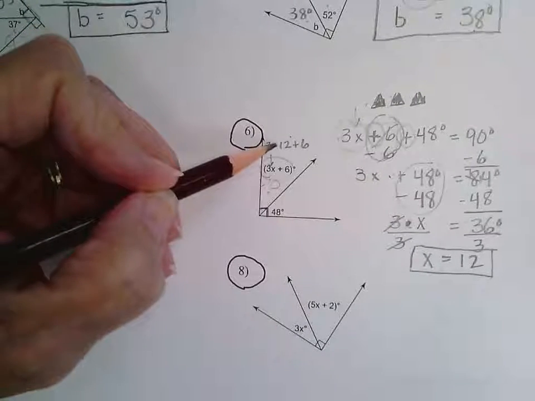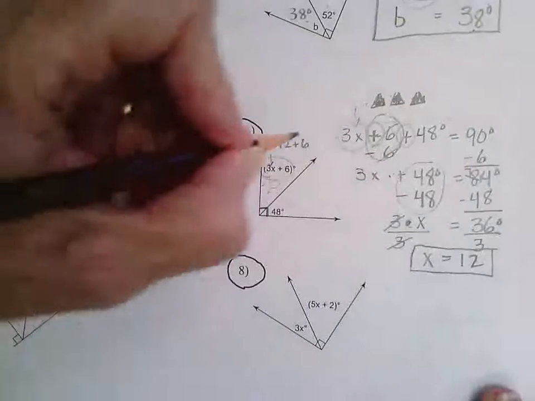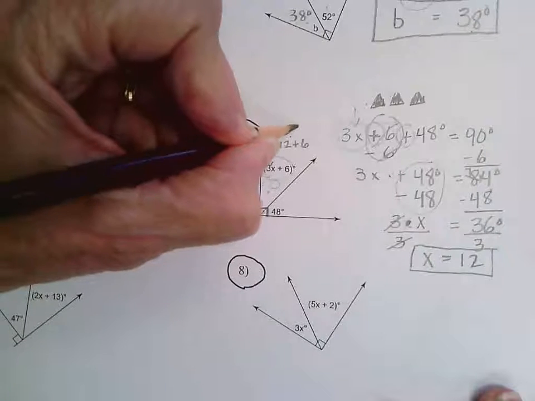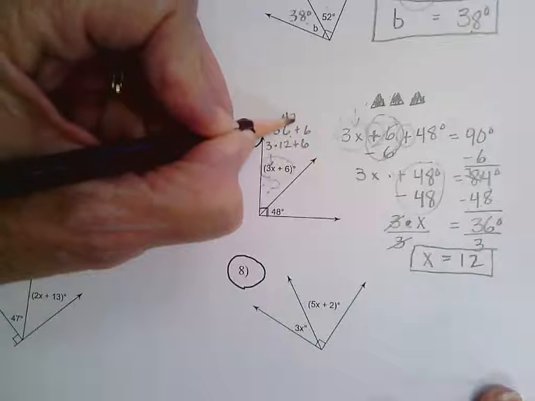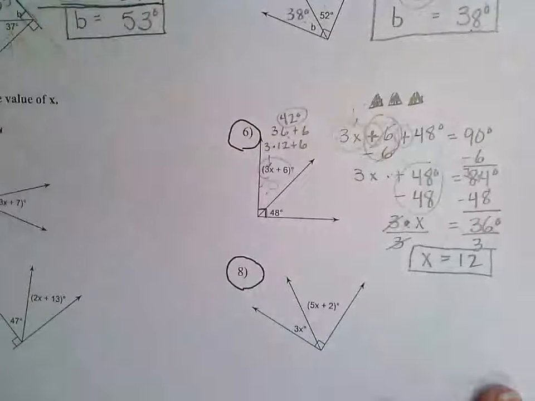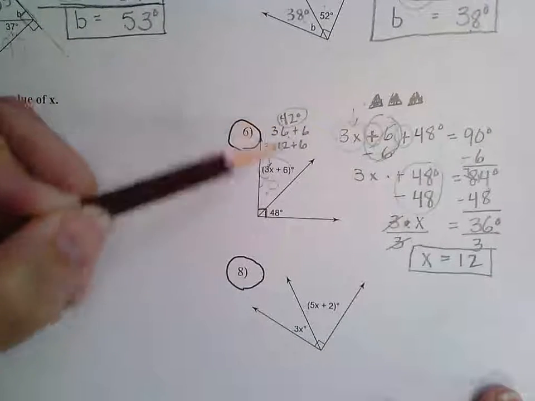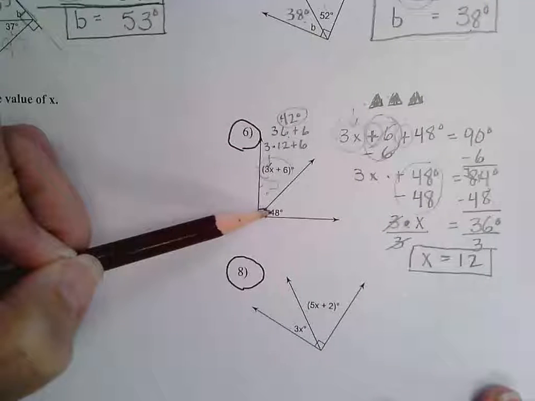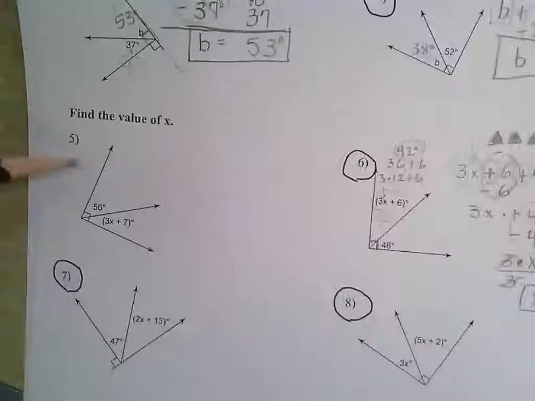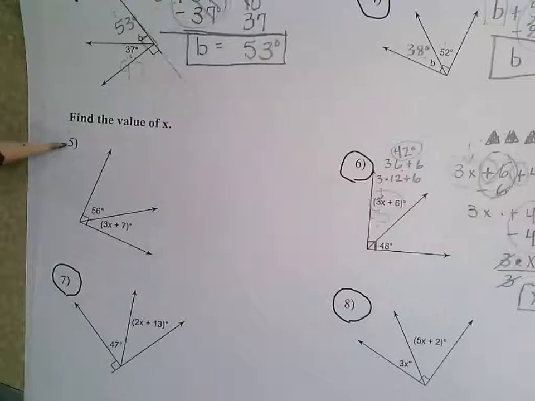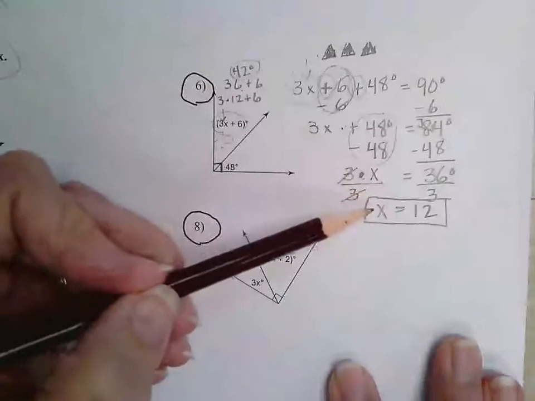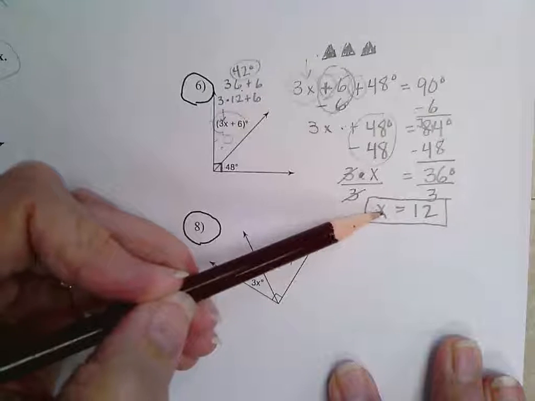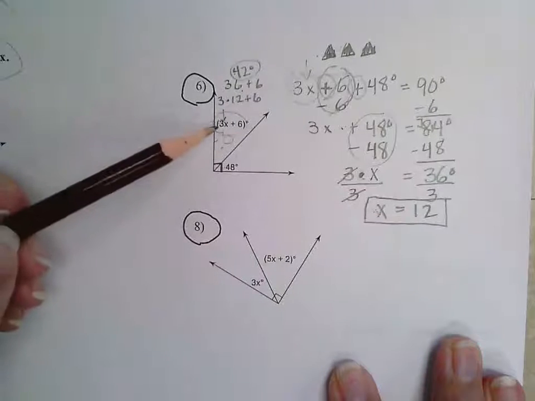So 3 times 12 is 36, and 36 plus 6 then would give me 42 degrees. 42 plus 48 is equal to 90. But on these problems, you're only asked to find the value of x. I just want to point out that you need to understand that this is not the measure of the angle here.